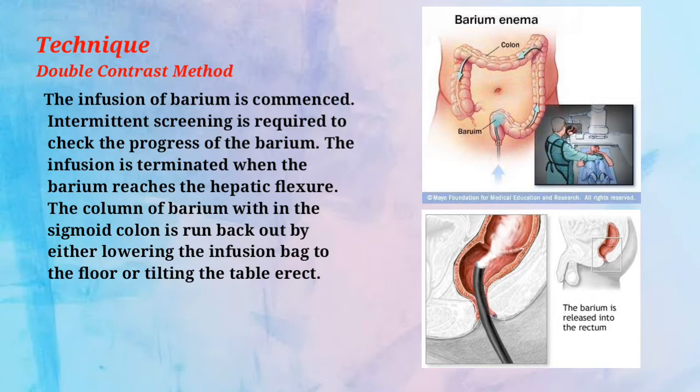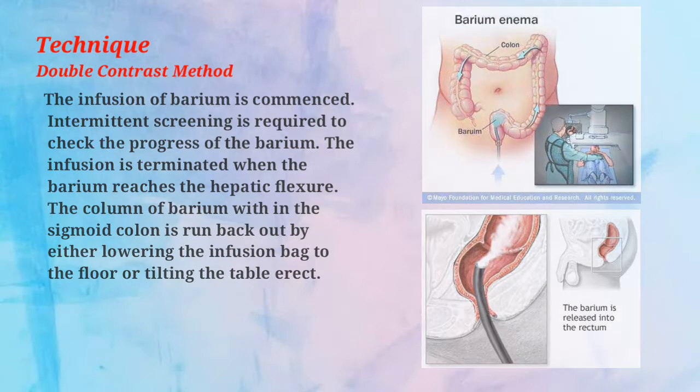Intermittent screening is required to check the progress of the barium. The infusion is terminated when the barium reaches the hepatic flexure. The column of barium within the sigmoid colon is run back out by either lowering the infusion bag to the floor or tilting the table erect.